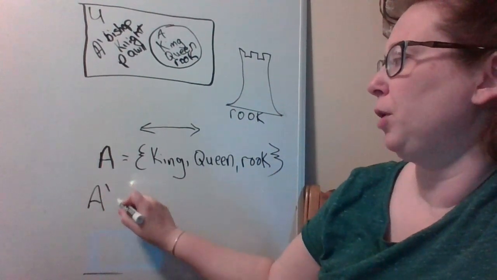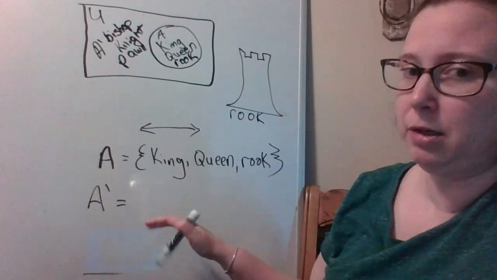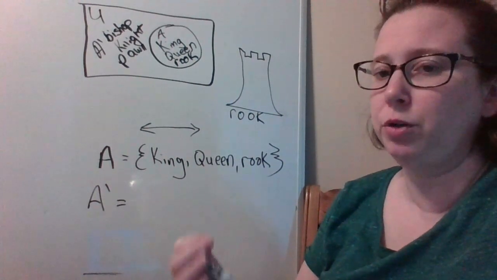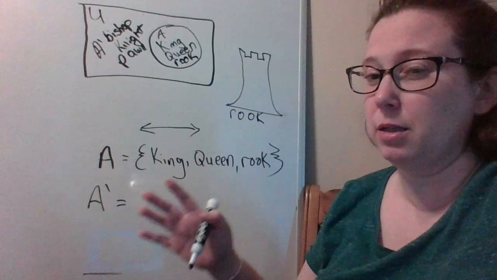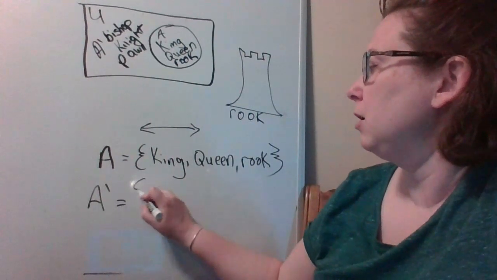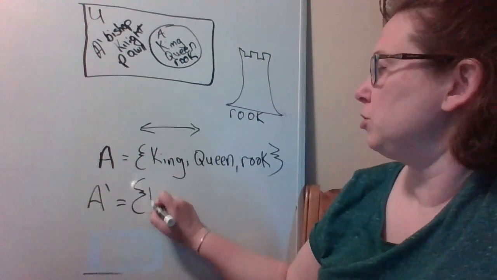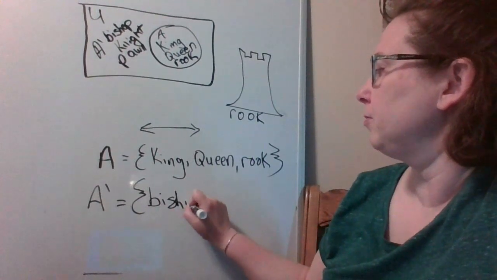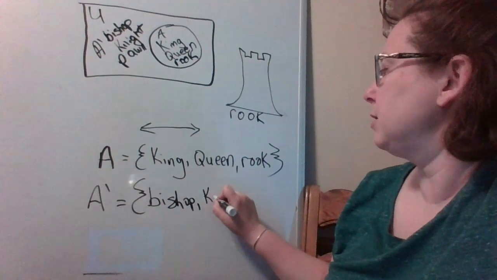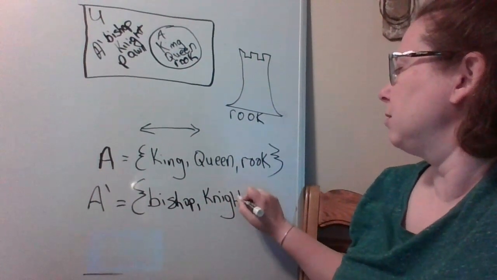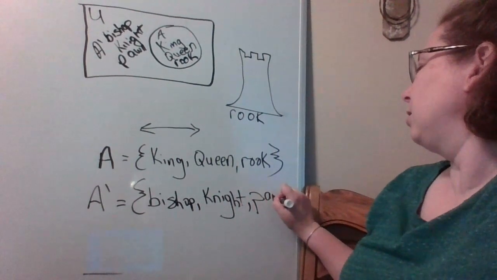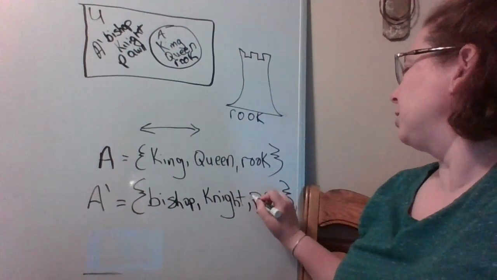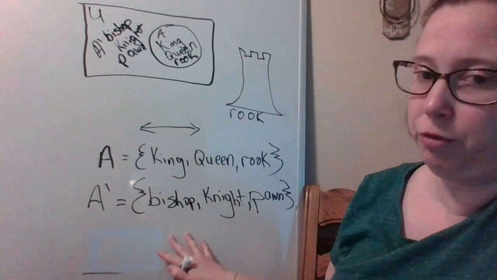And we can say that A prime, which is the complement or everything else in our universal set, which in this case is our chess pieces, is equal to bishop, knight, and pawn. So you're listing those out in roster form.